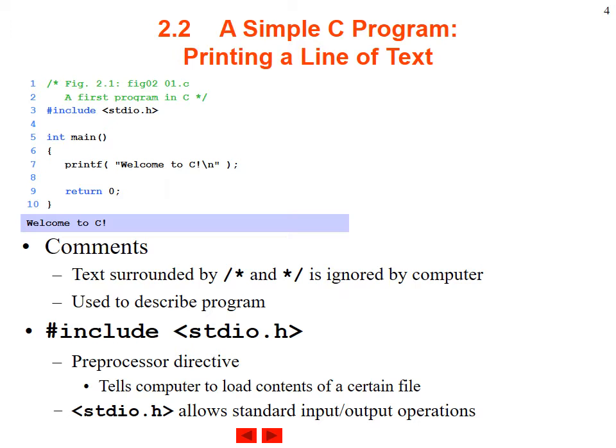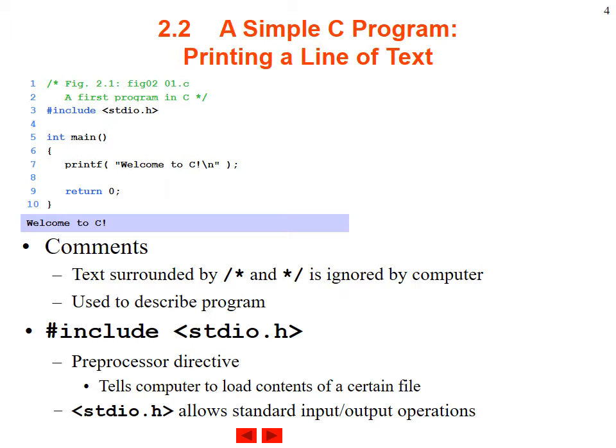It will print to the standard output, which is our screen or monitor, everything that is in the quotation marks. But the newline character is not printable; it just tells you to go to the next line. Then return 0, saying that if the program runs successfully, it should exit with a 0.